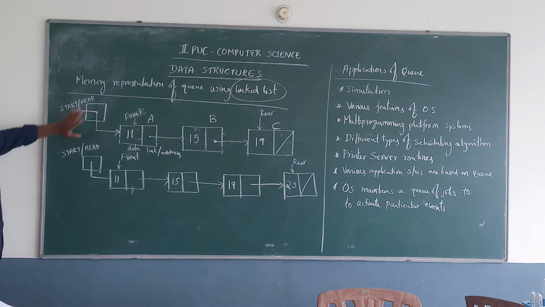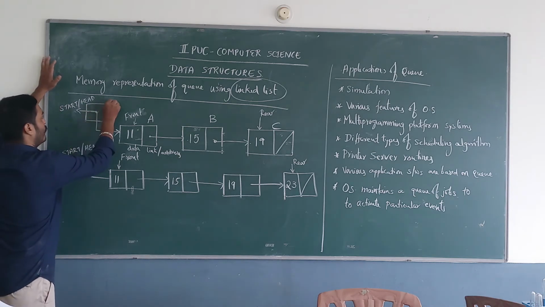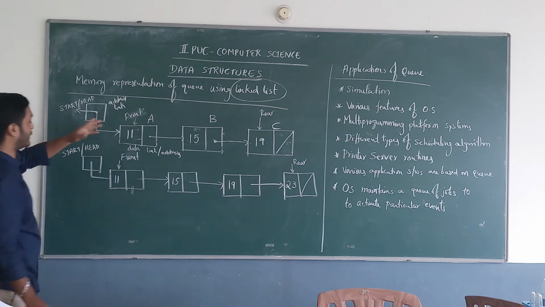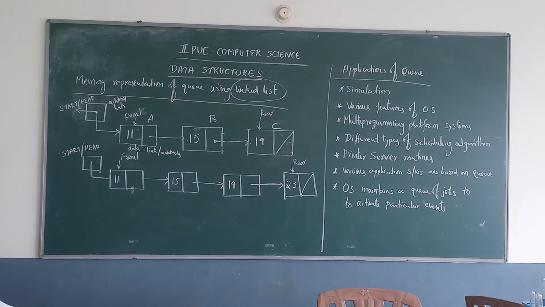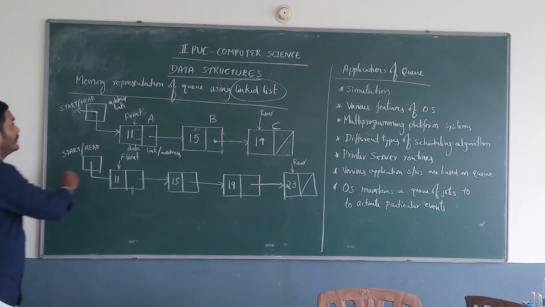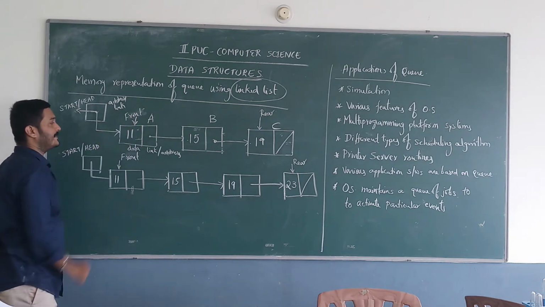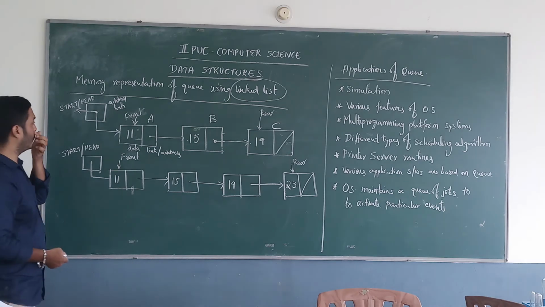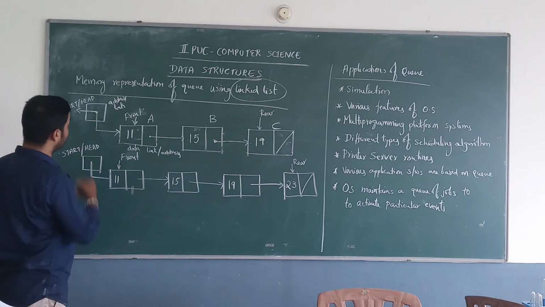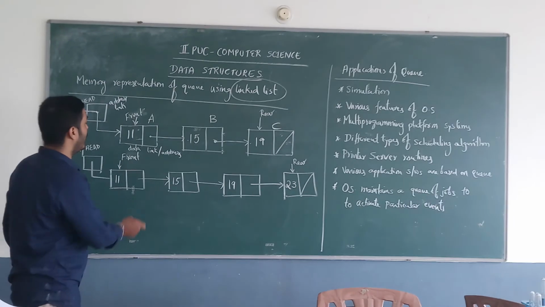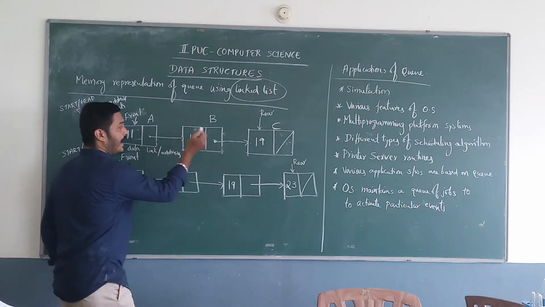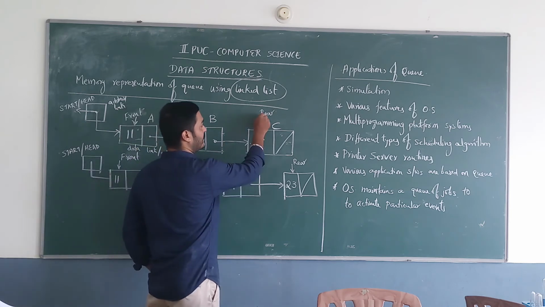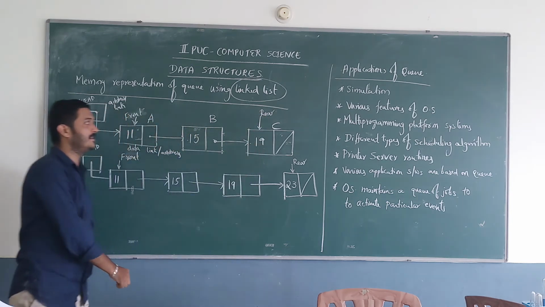This start or head holds some address or link, and that is to initialize the first node of the linked list. Here front indicates the element to be deleted first, and it points to the next node B, and B points to the next node C. Here the last inserted element is here.